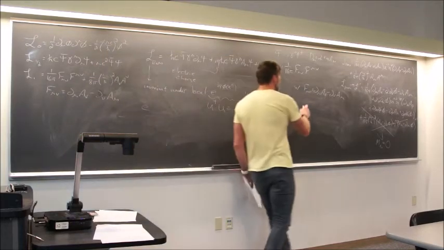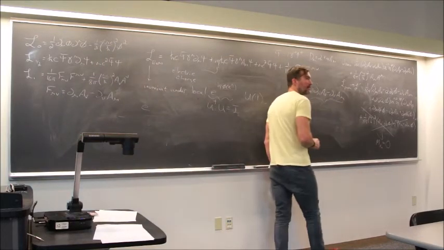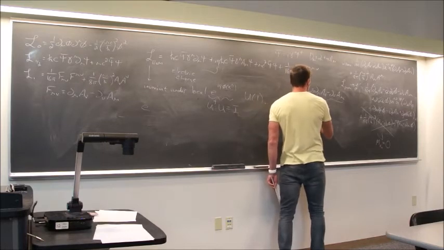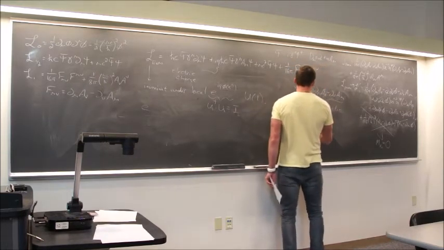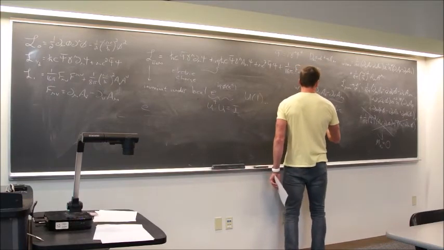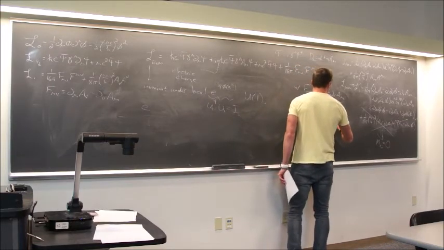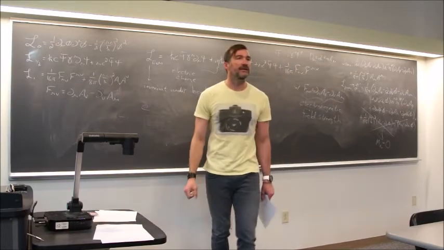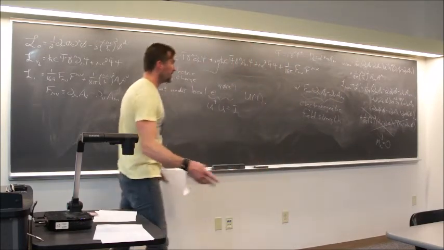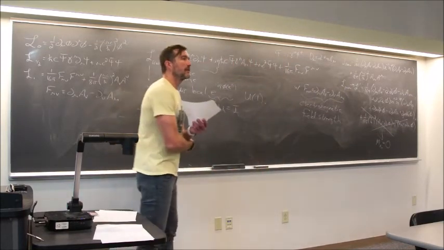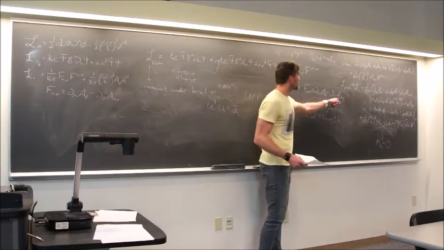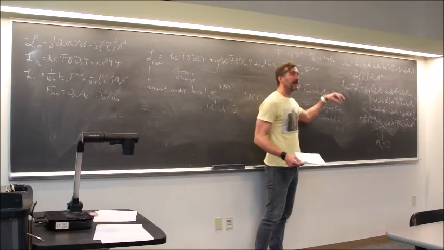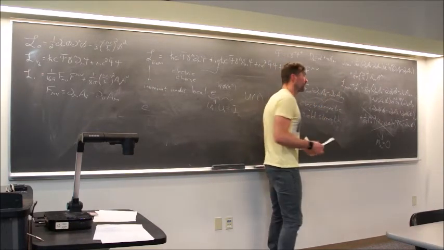This guy right here is what we often call the electromagnetic field strength. Right? And that is certainly something you will encounter in advanced E&M at some point. This is the thing that you can write down as a matrix of electric and magnetic field components.